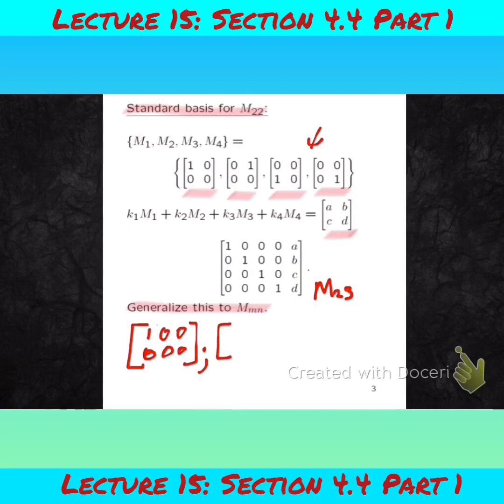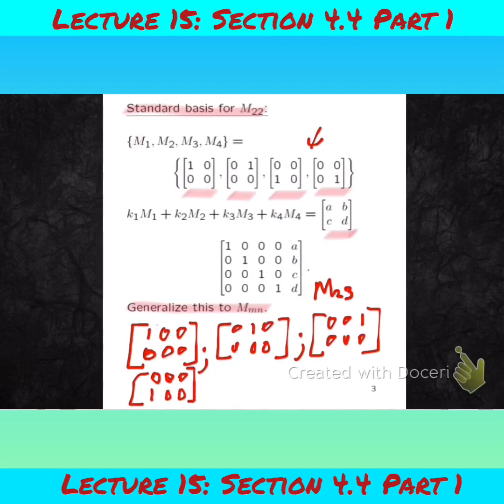That will be your first one, that will be your second one, and that'll be your third one. So you let the 1 run through all its possible positions. And there you go, 1, 0, 0, 0, 1, 0, 0. That will be your standard basis.